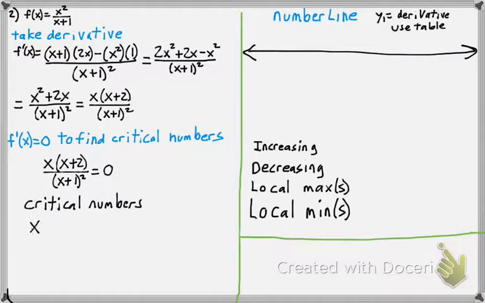So I get x is equal to 0 coming from that x on top. I have negative 2 coming from the x plus 2. And then I have negative 1 coming from the denominator.